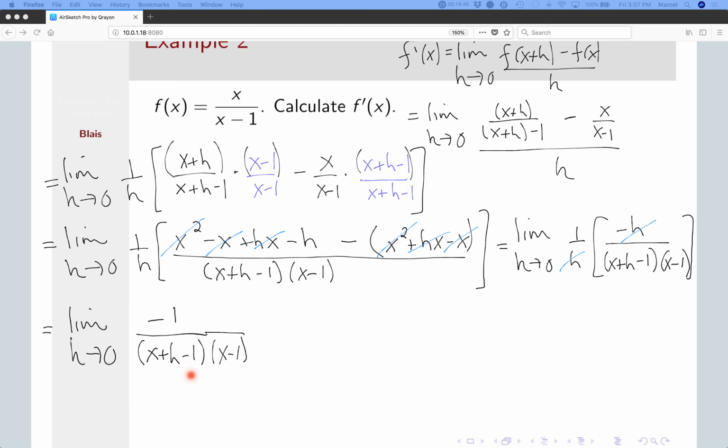And then in the denominator, we would apply the multiplication law. And then we would apply the sum law. And remember, that is what we often refer to as direct evaluation, this h dropping to 0. And what we have left is minus 1 over the quantity x minus 1 squared. And this gives us the derivative of this function.